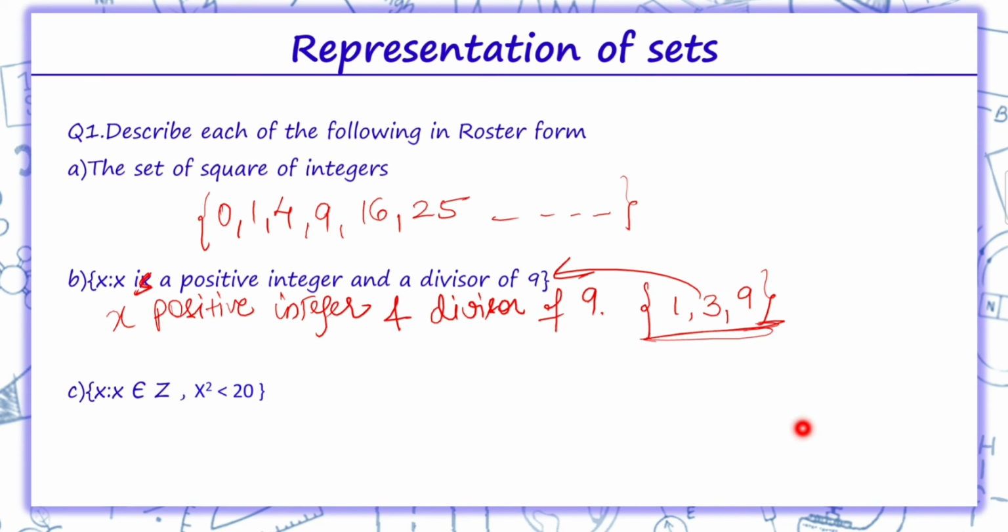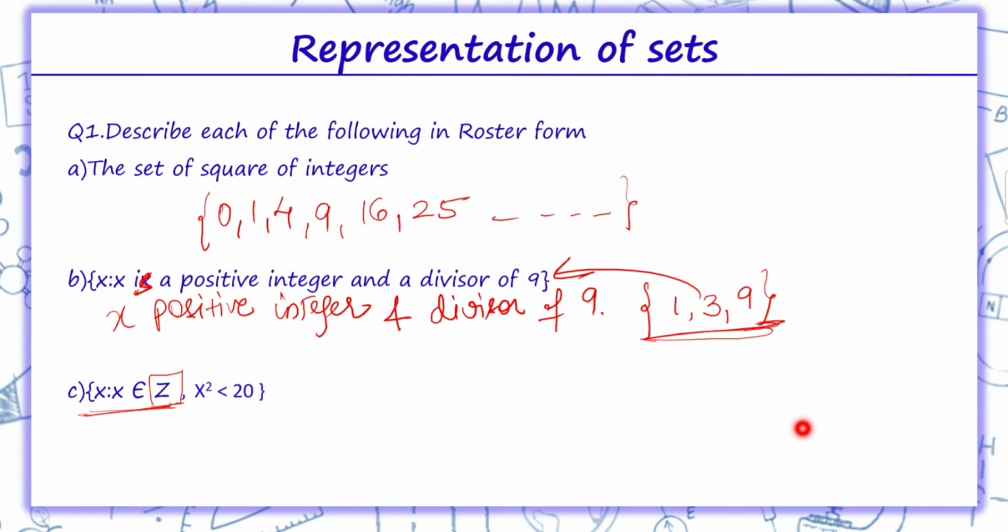That's it. Now coming on to x such that x belongs to Z. Now what is Z over here? Z is known as the integers. Now x belongs to Z, but over here x squared should be less than 20. We have to find their roster form.